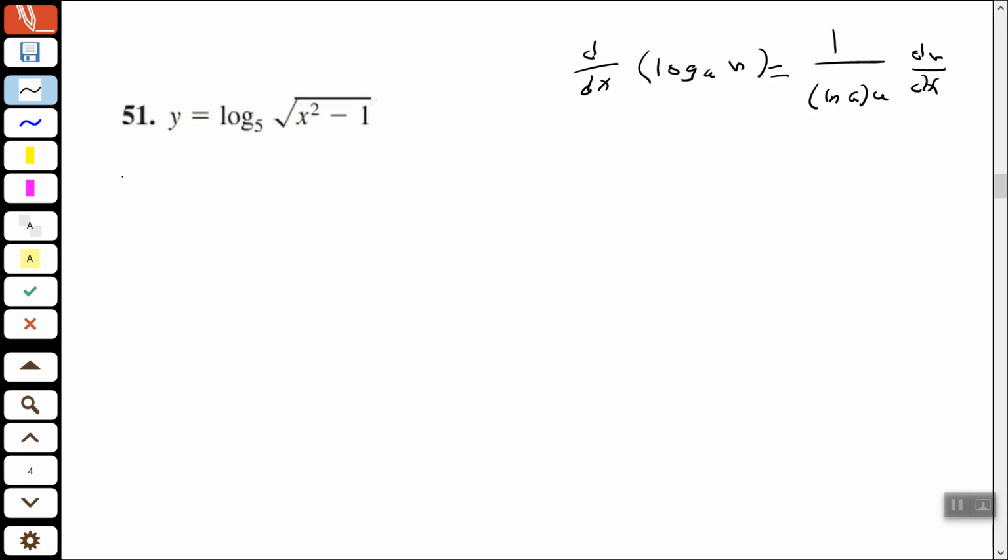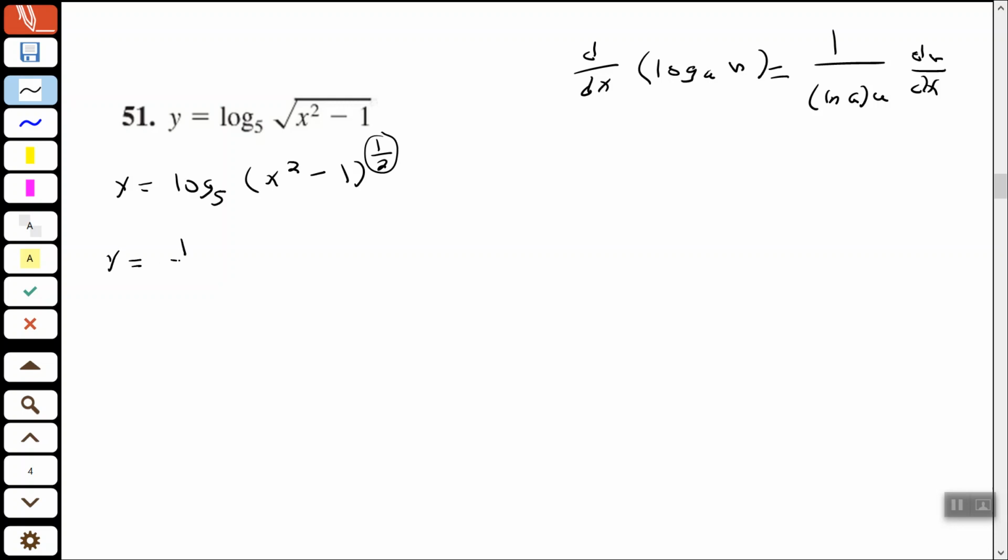All right, so let's see here. Let's rewrite this as y equals log base 5, and write this in exponential notation. Okay, and since we have a logarithm here, we can bring this 1/2 that's in the exponent form out in front of the log.